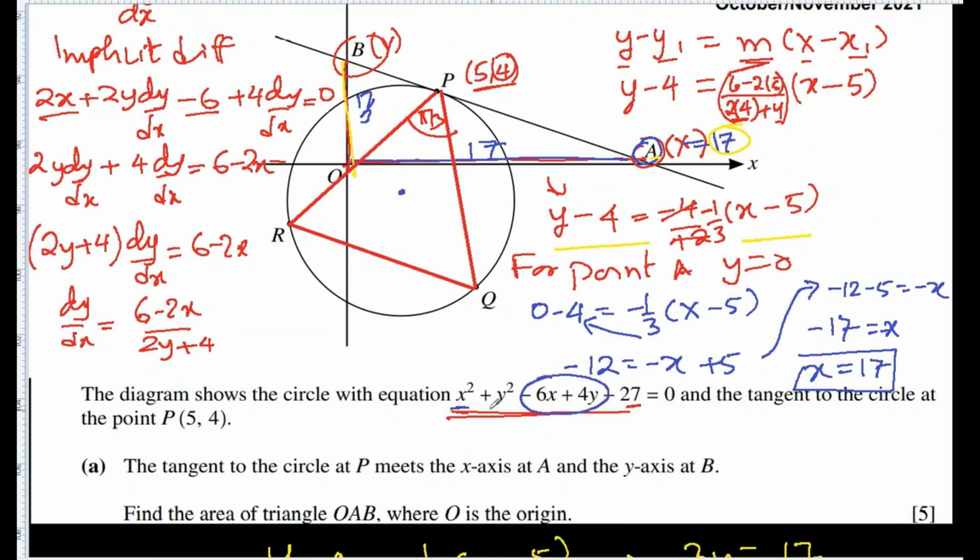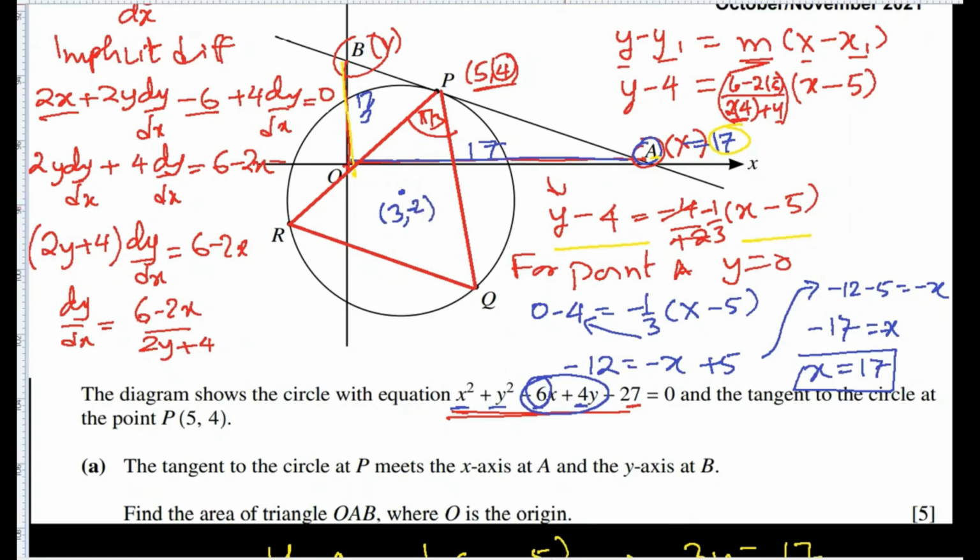Since it is starting with x square and y square, the half of the coefficient of x is the x coordinate: minus 6, half of this is minus 3, and we change the sign, which is positive 3, the x coordinate of the center of the circle, and negative half of 4 is negative 2. That will be the center now.